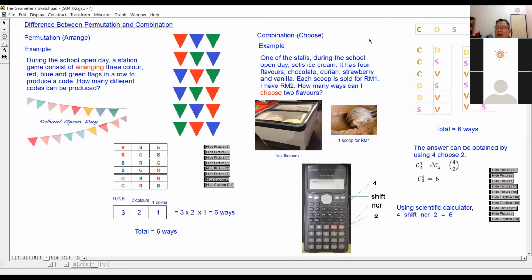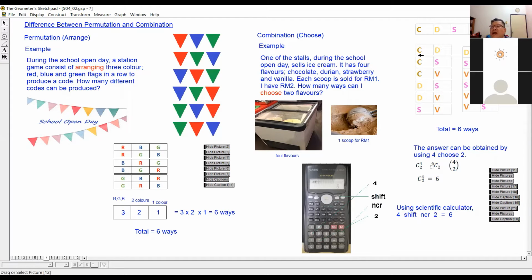Now, we go on to the next one, combination. Combination is choose, not arrange, but choose. Let's say we have many ice cream flavors. Altogether, there are four flavors, and I want to choose two flavors. So, what are the two possible flavors?